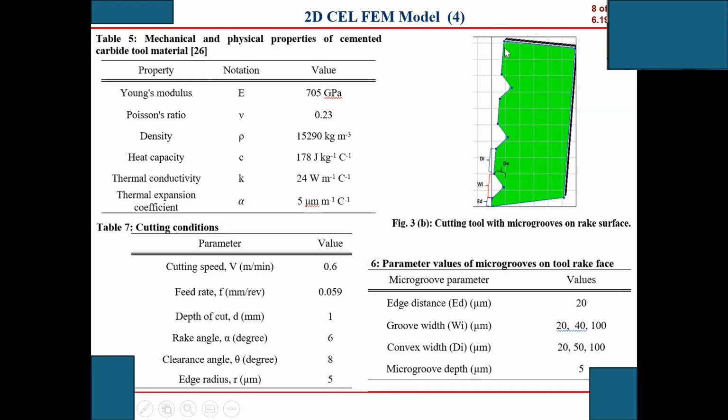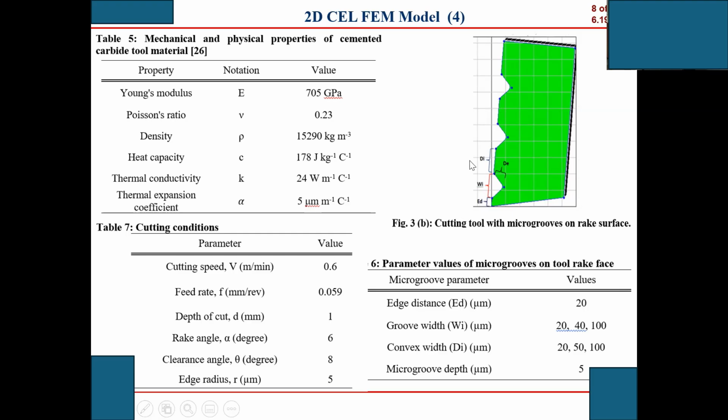This is a micro groove tool. You can see originally this is my original tool, the regular tool, but I just made some micro grooves. I use it later, right? So what is the effect of these micro grooves?